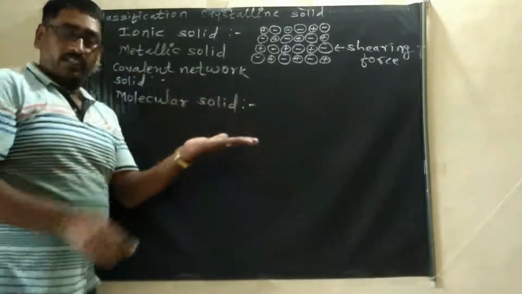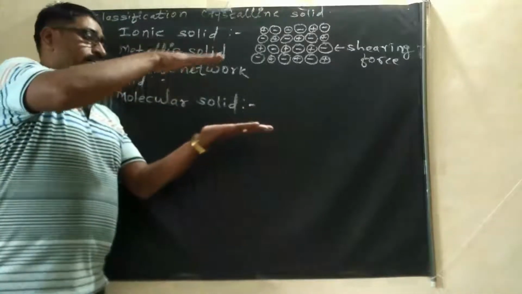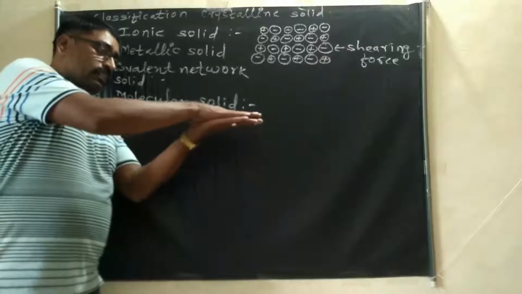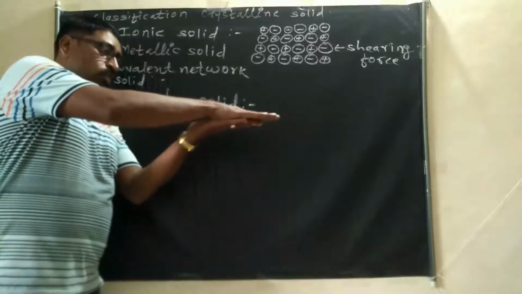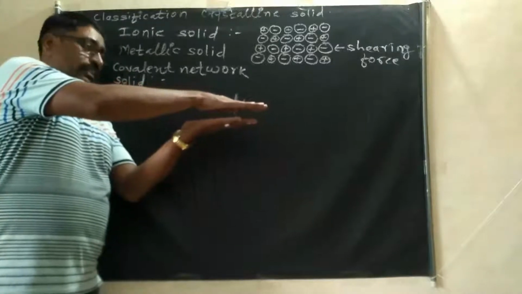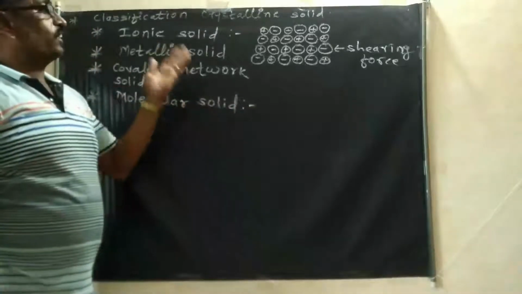Here, my one hand is one layer and the second hand is the second layer. When shearing force is applied, the layers slide with each other, friction takes place, and fracture takes place. Such a type is called an ionic solid.